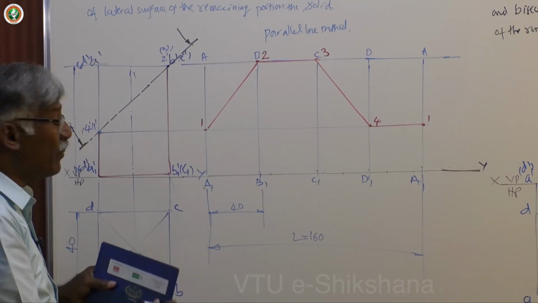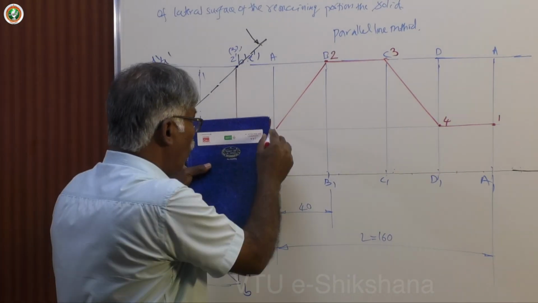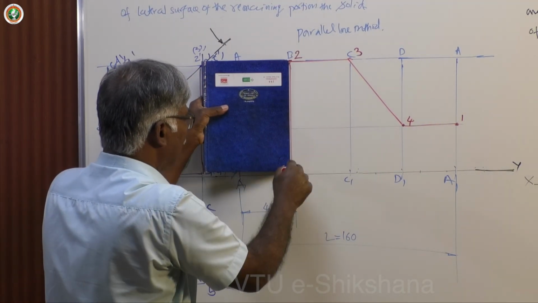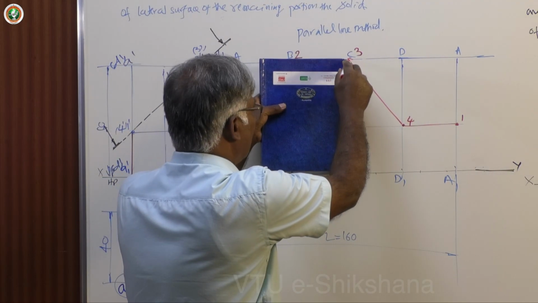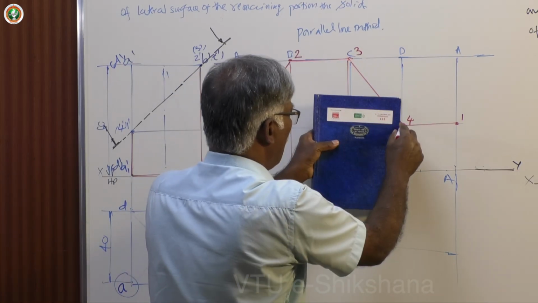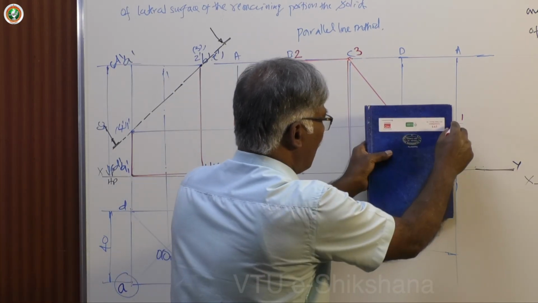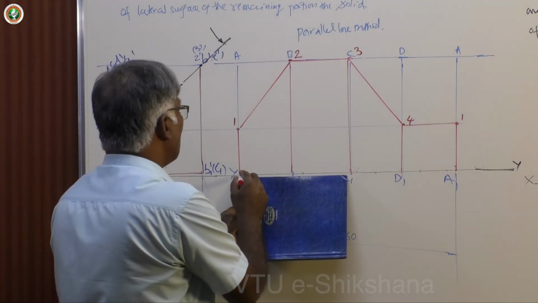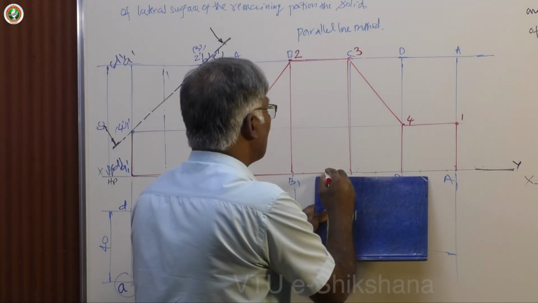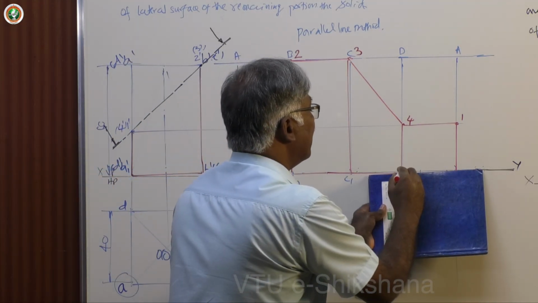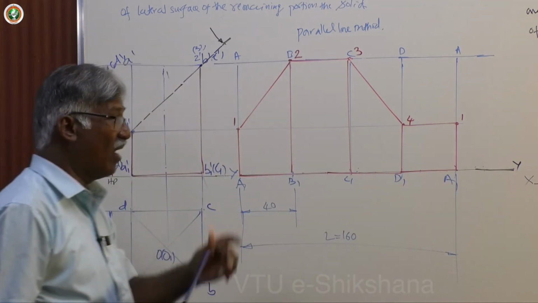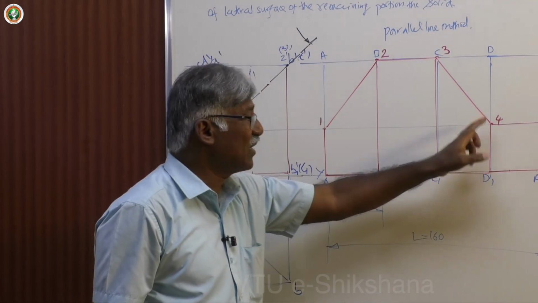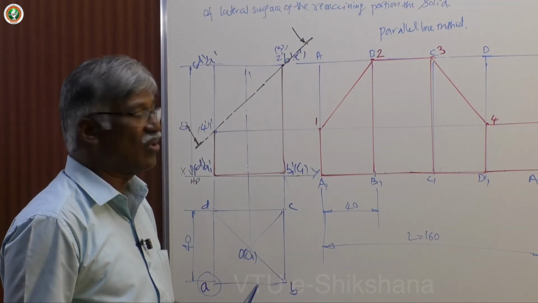Now the remaining portion: 1 to A1, 2 to B1 are all retained, 3 to C1 is retained, 4 to D1 is retained, 1 to A1 is retained, and also the boundary, the complete base edges are retained. The dark line means you have retained the portion. This cut portion actually refers to the section plane profile, that's all.